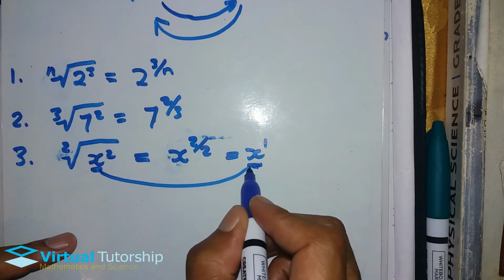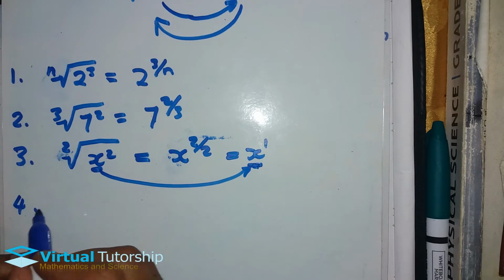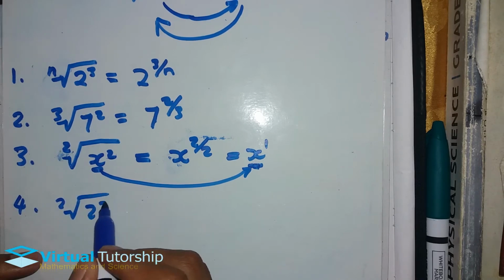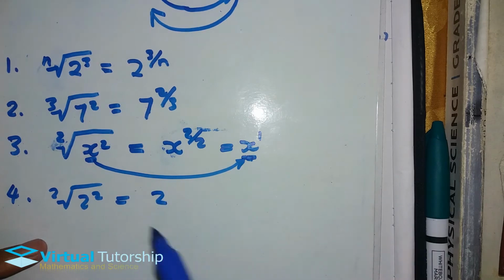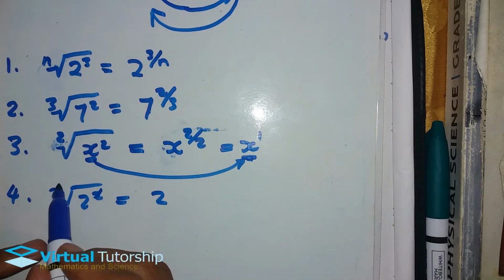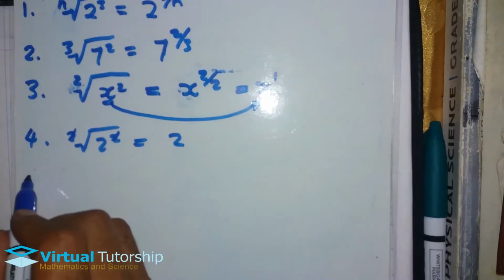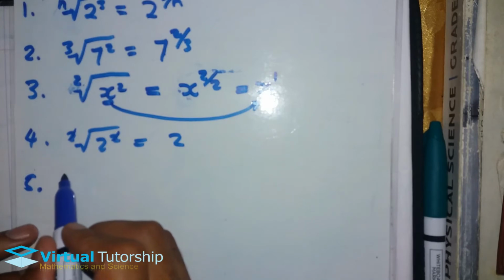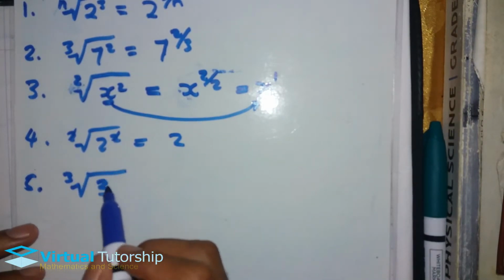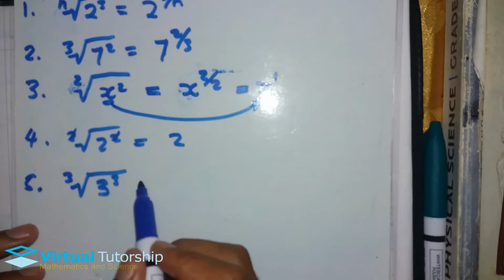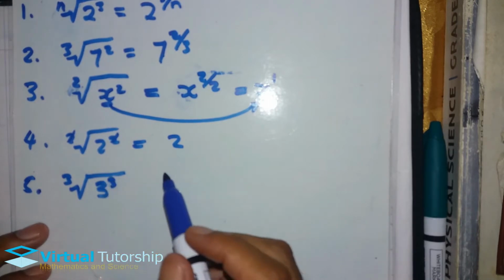Check. That's why, say another one, the second root of 2 squared is the same thing as 2. So in other words, we can say this one here cancels this one. Fifth example. Let's say the third root and then 3, no, sorry, 3 raised to an exponent of 3.